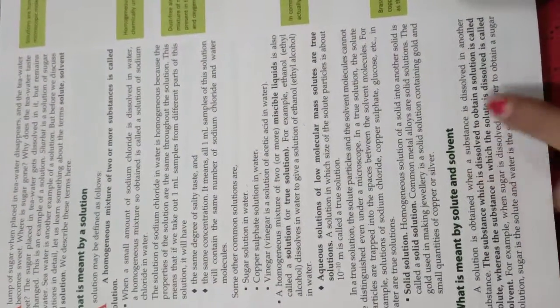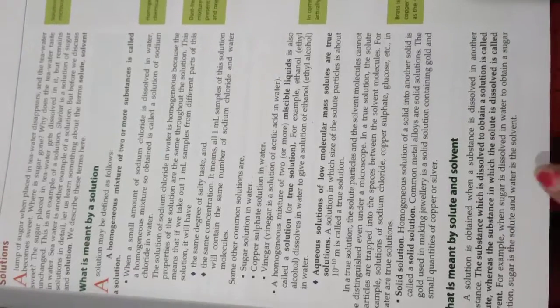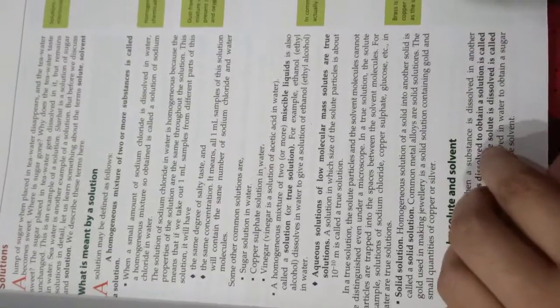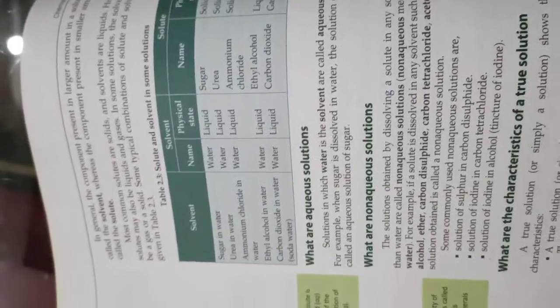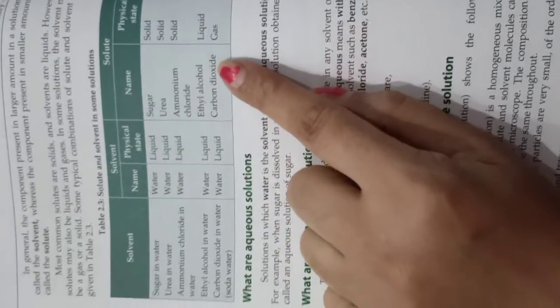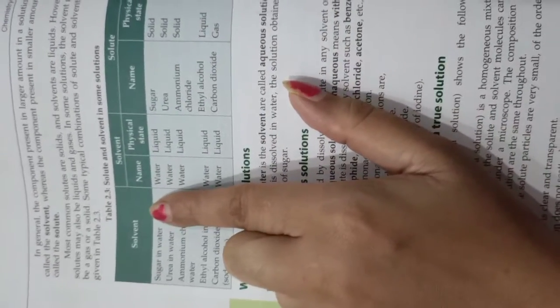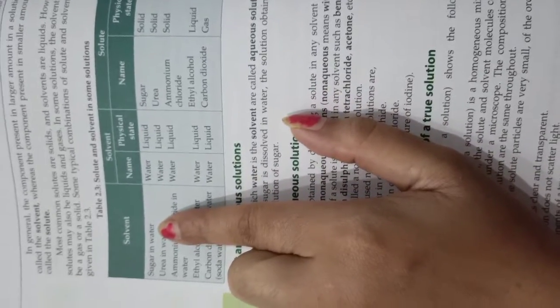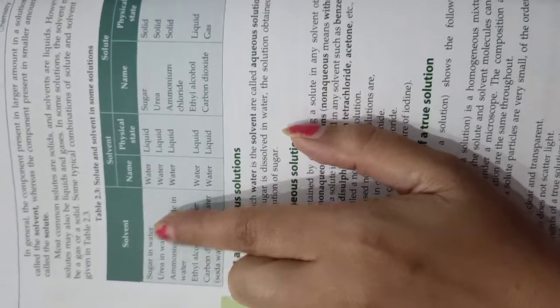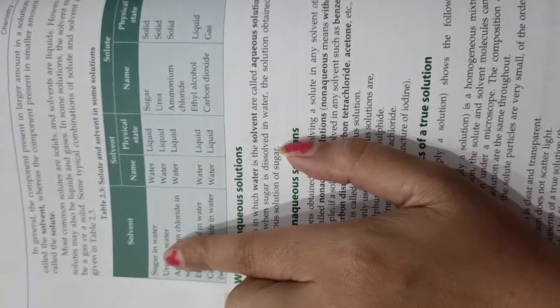Solute and solvent, I have already told you that the thing in a smaller amount and the thing in a larger amount are the solute and the solvent. After this, we are telling you about this table of solute and solvent. Like, we have taken sugar in water. So in water we are adding sugar.